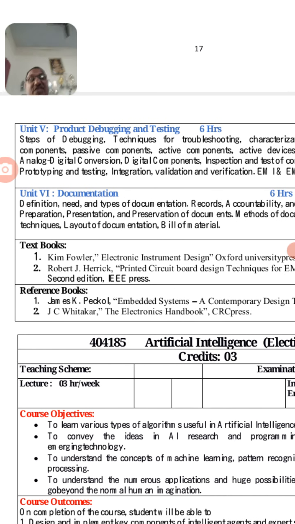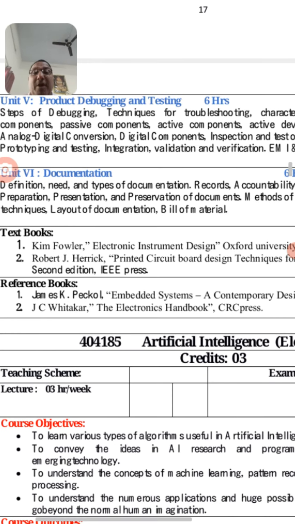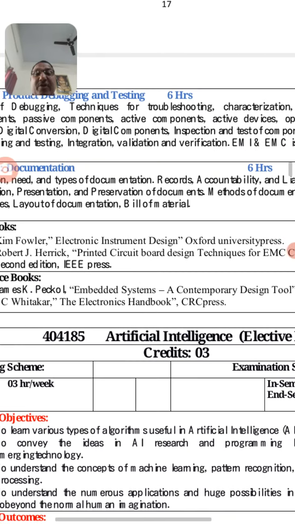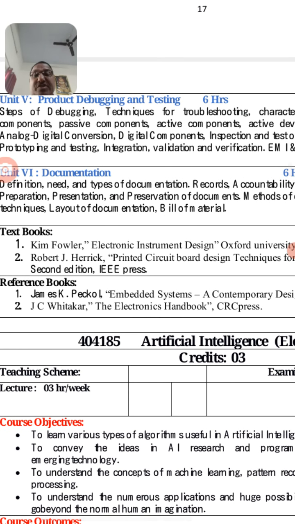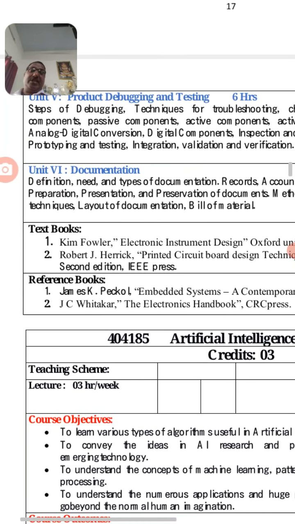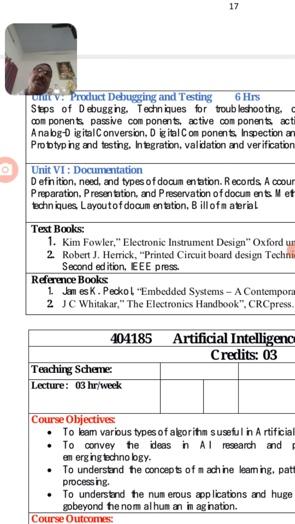As far as textbooks are concerned, there are 2 textbooks referred by the university: Kim Fowler, Electronic Instrument Design from Oxford University Press; and Robert Herrick, Printed Circuit Board Design Techniques for EMC Compliance, 2nd edition, IEEE Press.